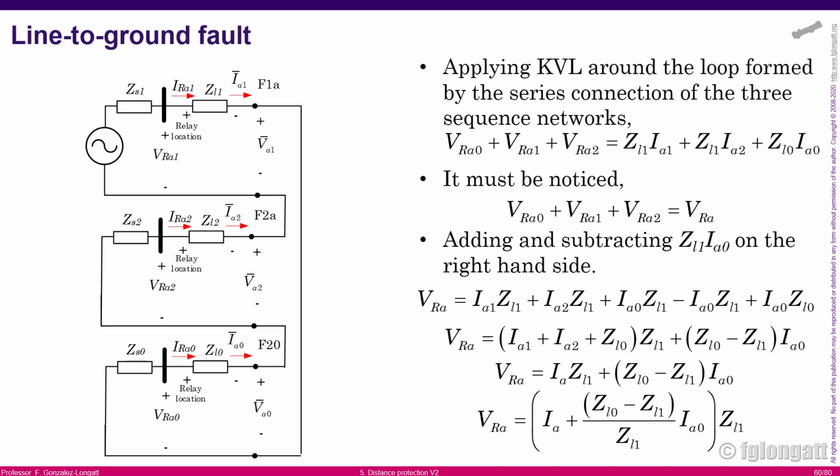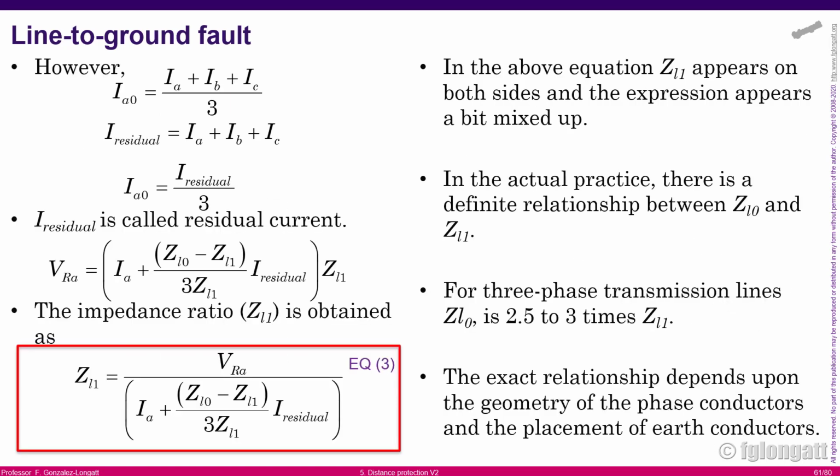What I am doing here is something very simple. I want to eliminate from this equation the zero current. And what I will do is use the newly introduced definition of the residual current and put it inside the equation. And what I can get is a beautiful expression, okay?